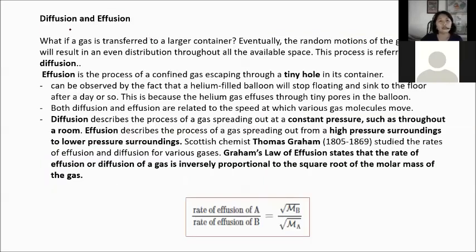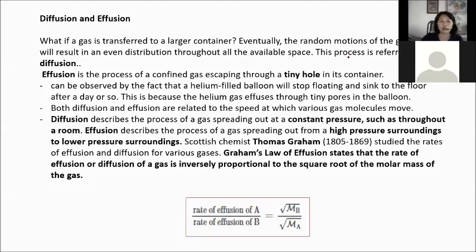Okay, next, diffusion and effusion. What if a gas is transferred to a larger container? Eventually, the random motion of the gas particles will result in an even distribution throughout all the available space. So this process is referred to as diffusion.